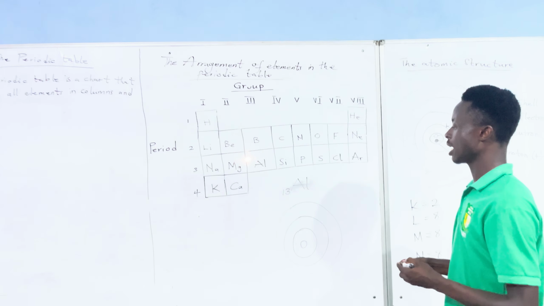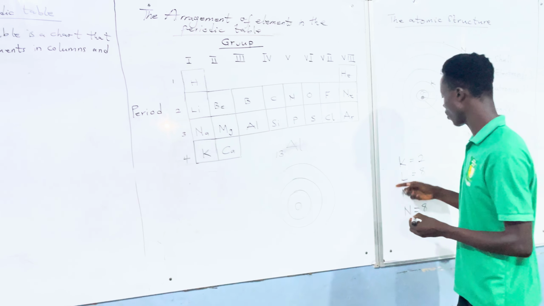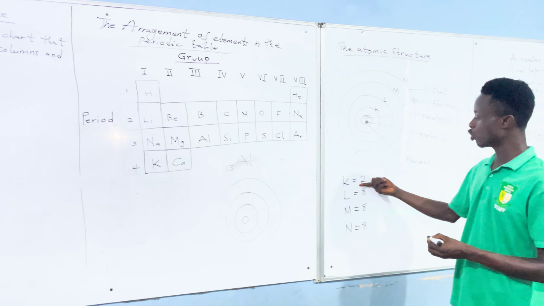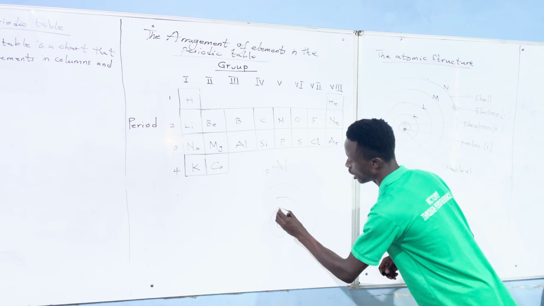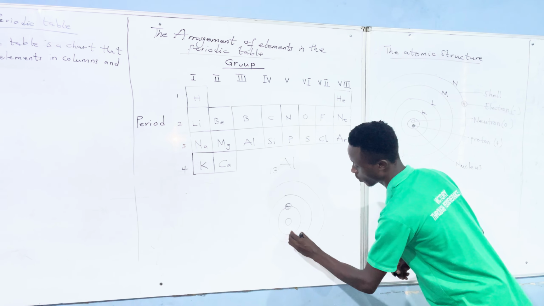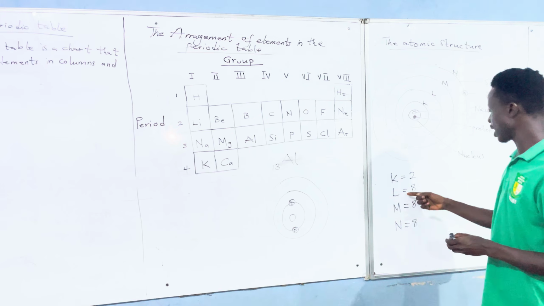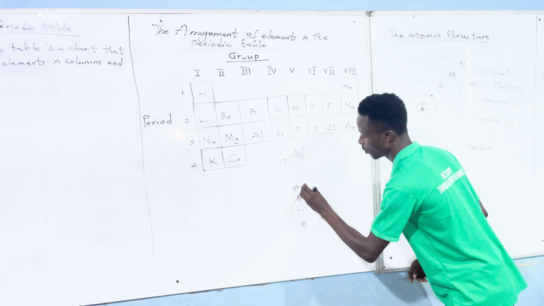So let's represent all the electrons on the shells. The first shell, remember, that's the K shell. It takes how many electrons? 2 electrons for it to be fully filled. So we represent 2 electrons over here. The second shell takes 8 electrons, so we represent 8 electrons over here.